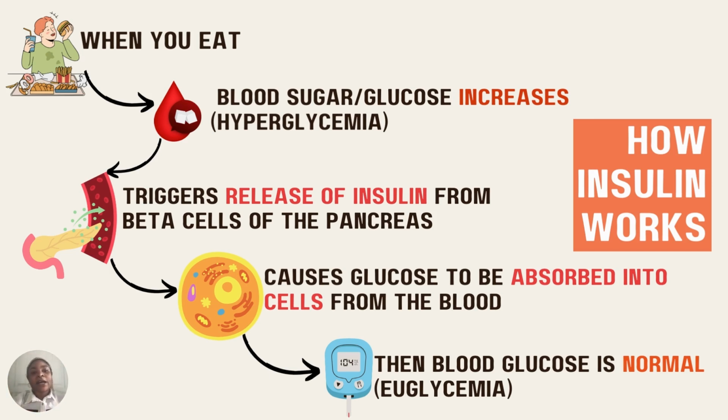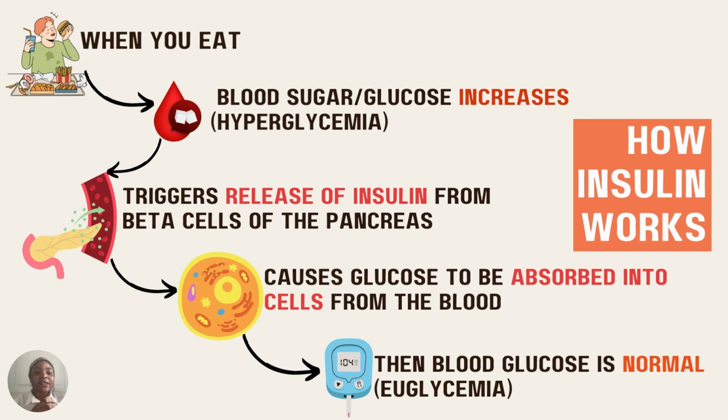Which is kind of like a state of hyperglycemia, which is the terminology for that. Hyperglycemia means increased blood sugar. But for someone who has a good functioning pancreas, the pancreas is working as it should, it triggers the beta cell of the pancreas to secrete insulin.